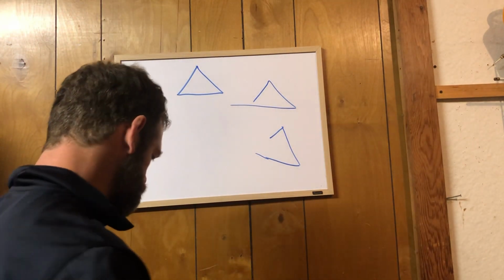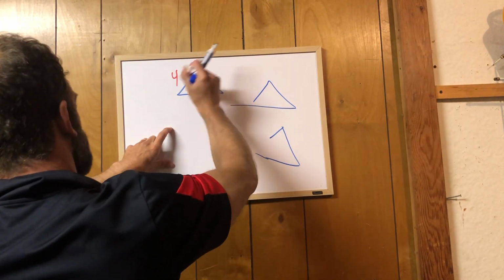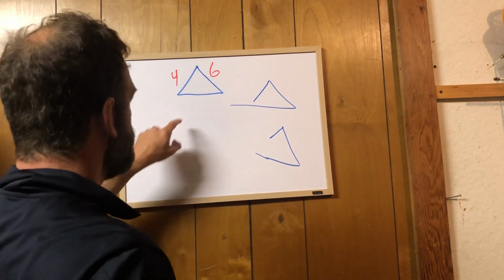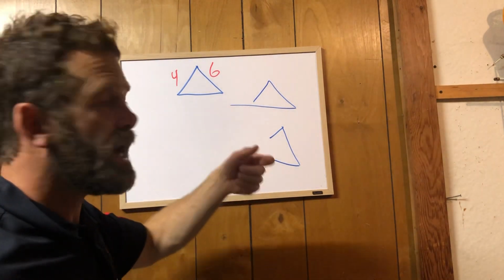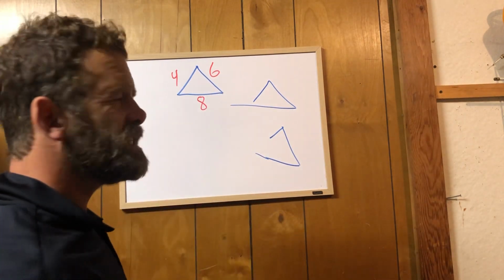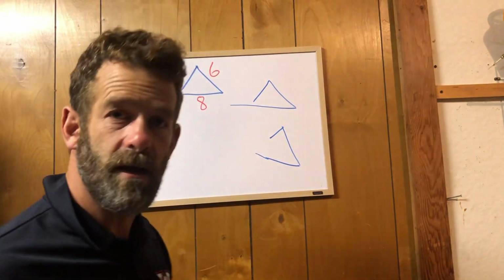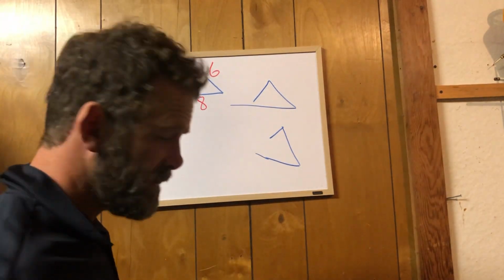So if you look, let's say this is 4 and this is 6. This side has to add together to be greater than any of the other sides. So for example, let's make this side 8. The question would be, you're going to have some questions later on, would this create a triangle with sides 4, 6, and 8? And it's really simple.